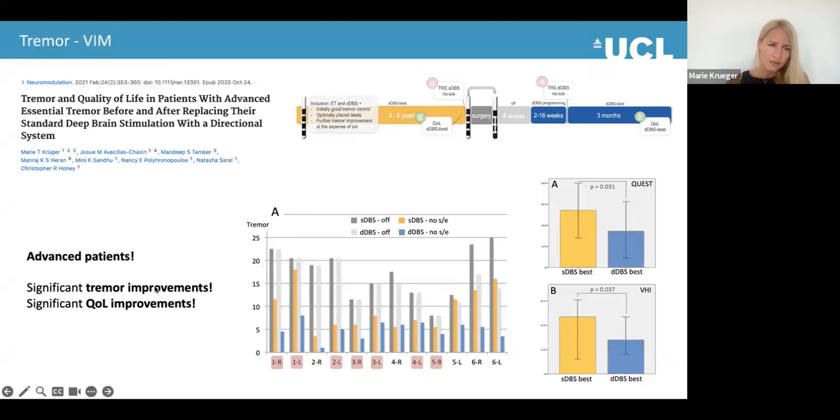We found significant tremor improvement: the blue bars here are much lower than the yellow ones. We also found significant improvements in quality of life. We looked at the QUEST, which is the quality of life for tremor, and the VHI, which is the quality of life for voice, because most of them had dysarthria as one of their major side effects.